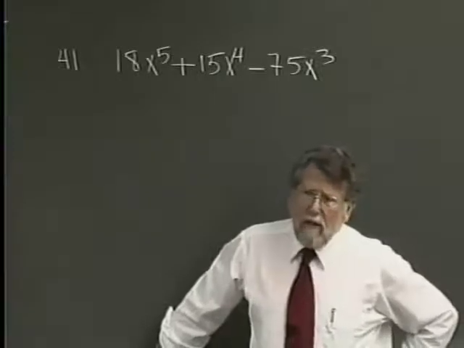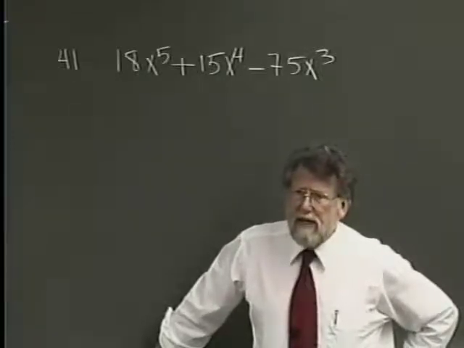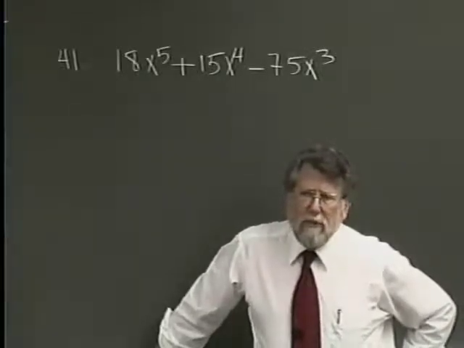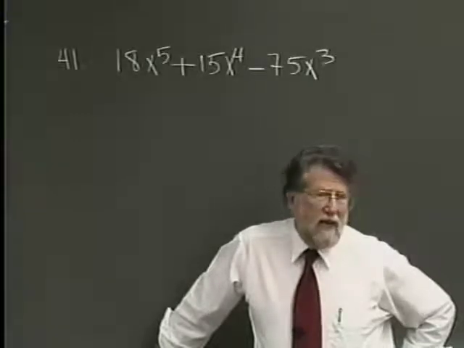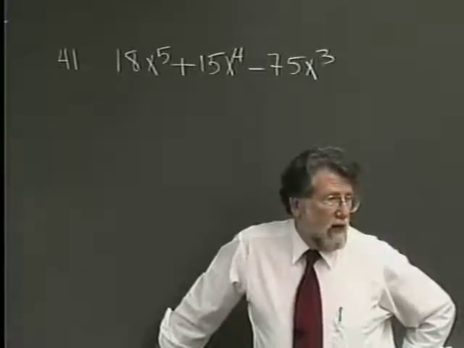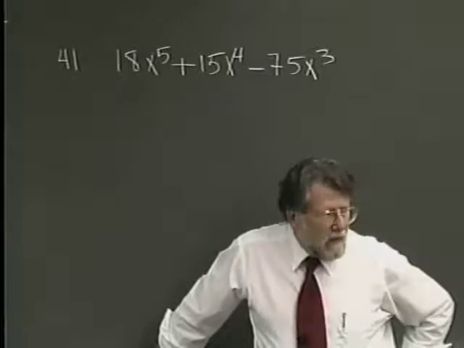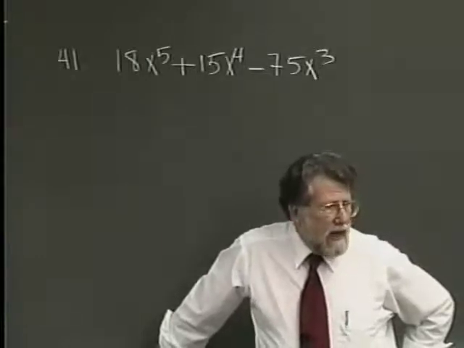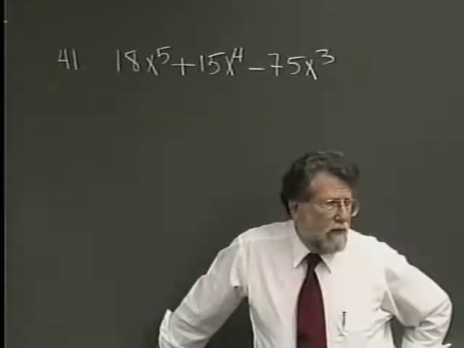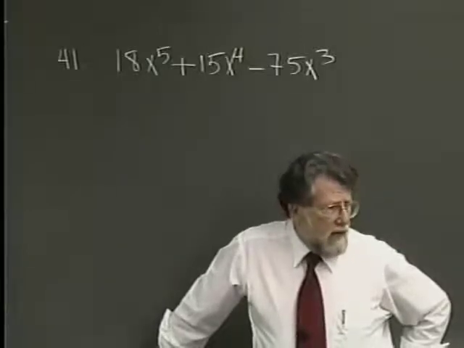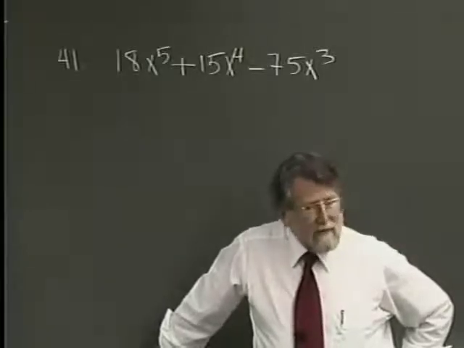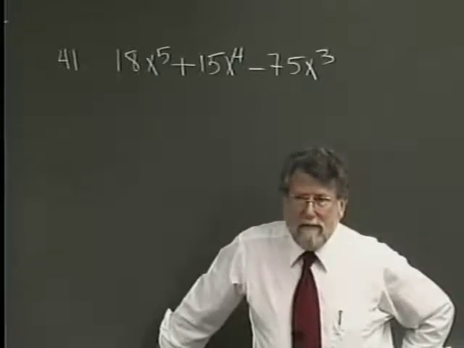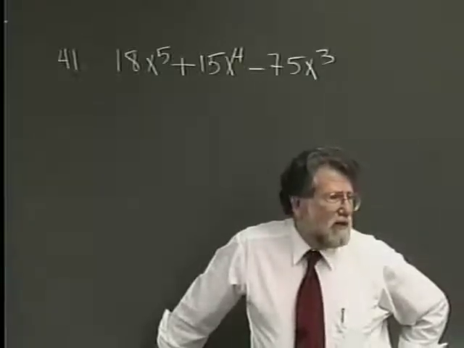So the minute I see this problem, although I was fascinated by the 18 and 75, there's a part of me that's also noticing, hey, I've got an x in every term. So I immediately, first step, ask can I take out a GCF? If I can, things are good. If I can't, then I'm a little bit perplexed what to do next.